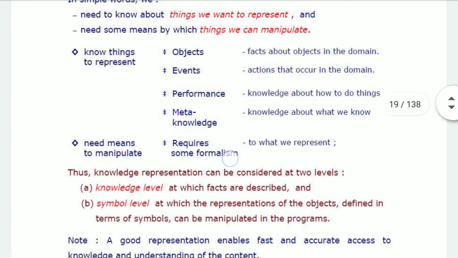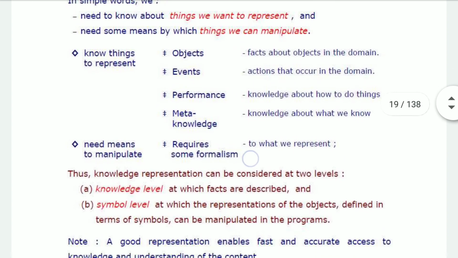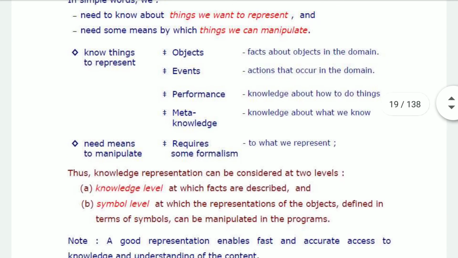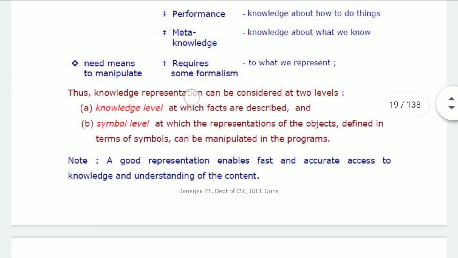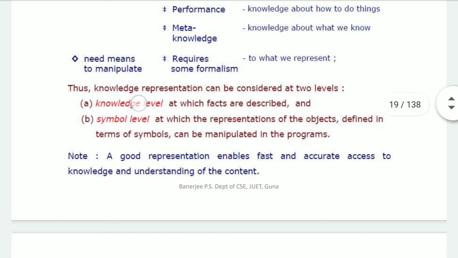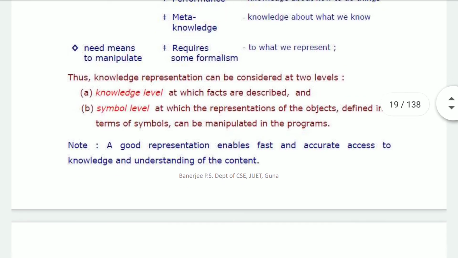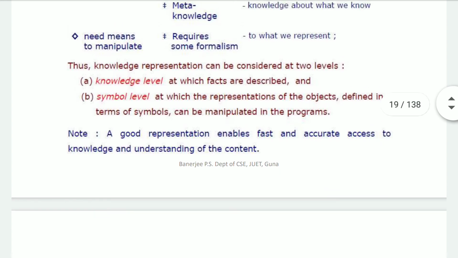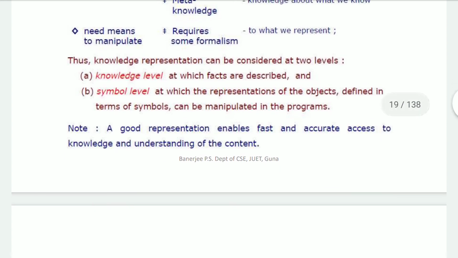These formalisms I have already talked about: frames, slots, semantic nets, etc., right? Thus, knowledge representation can be considered at two levels. The first one is the knowledge level, the second one is the symbol level. You need to remember this. A good representation enables fast and accurate access of the knowledge and understanding of the content.